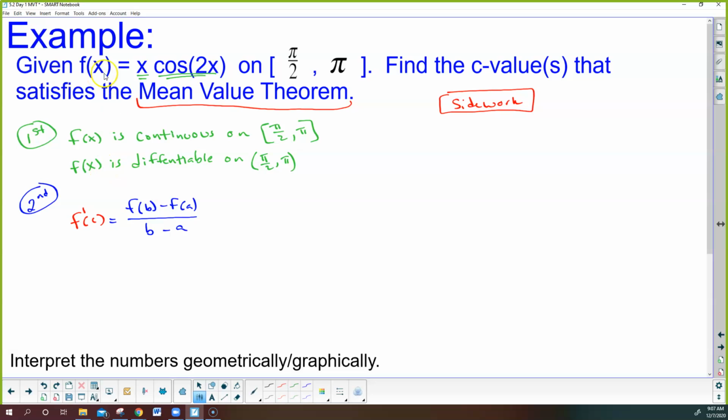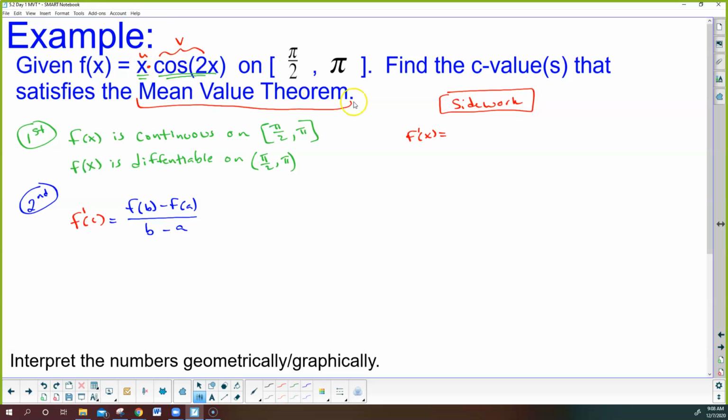So I need the derivative, and this is a product rule with a chain rule mixed in there. So that's our practice from last trimester. So let's do that. Product rule, here's U, here's V. And I'm going to assume we can do most of this in our head.